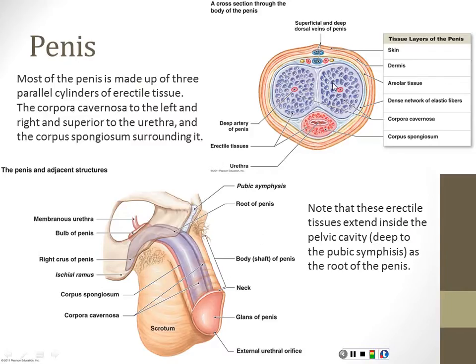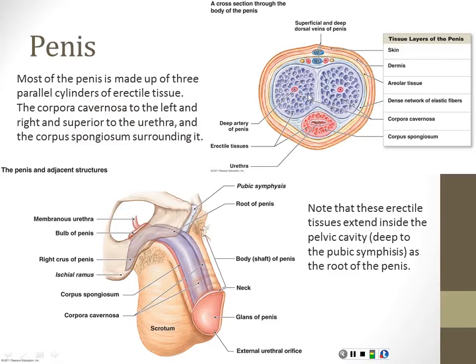So we have 2 at the top, and then we have 1 surrounding the urethra at the bottom. So the 2 large ones, these are the corpus. Each one is called a corpus cavernosum. So together they are corpora cavernosa. That's this one and this one. The corpus spongiosum surrounds the urethra, which travels along the base of the penis right here.